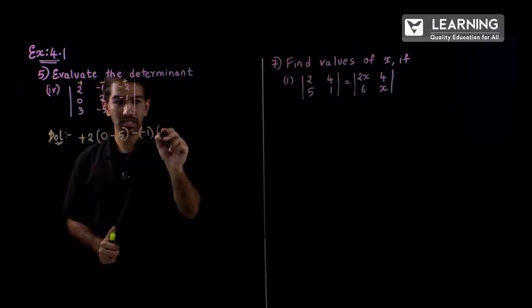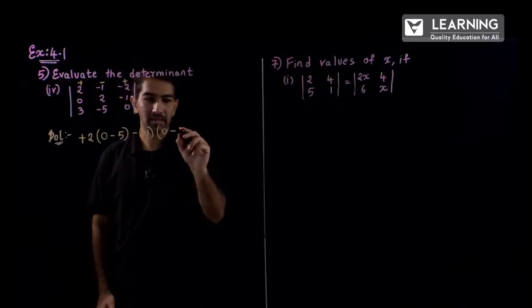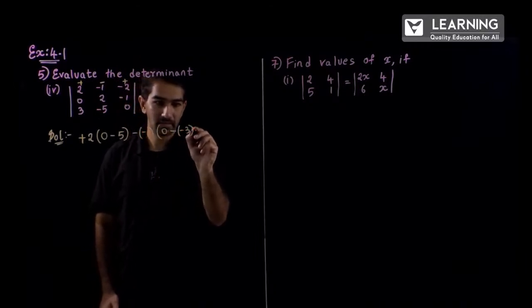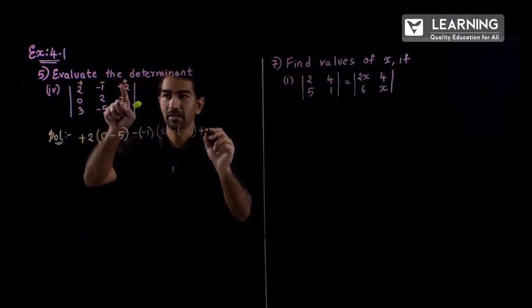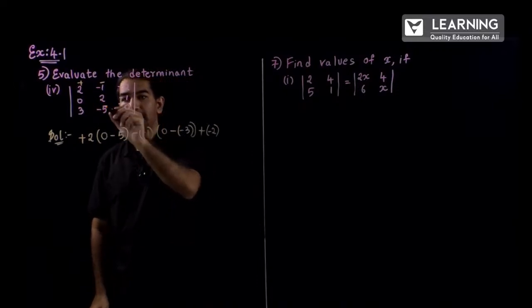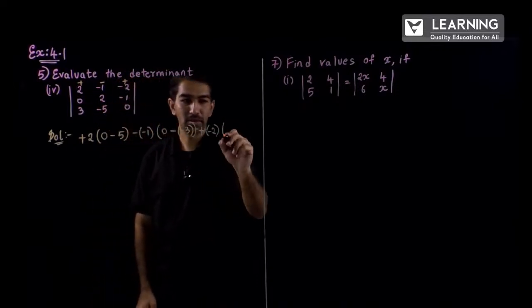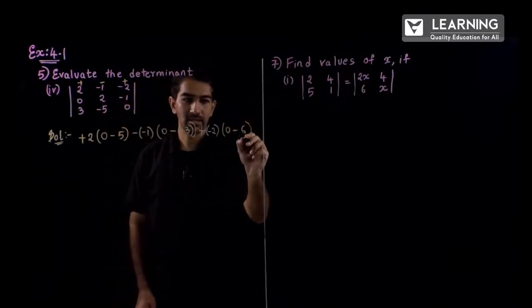So 0 into 0 is 0. Minus 3 into minus 1 is minus 3. Next, plus cofactor of minus 2. So minus 2's row and column are eliminated. 5 into 0 is 0. Minus 3 into 2 is 6.